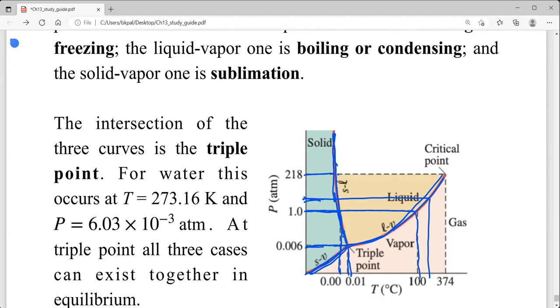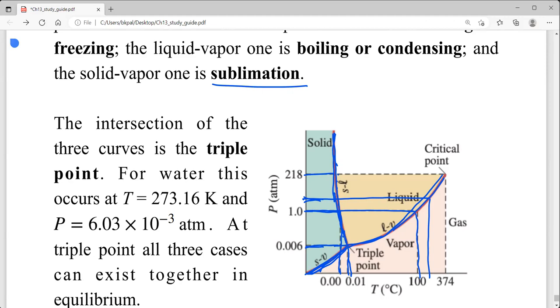The last one is this line. This line separates solid and gas. So we can also go directly from solid to gas, or gas to solid. The process by which we go directly from solid to gas is called sublimation. So this line is basically the sublimation temperature and pressure.